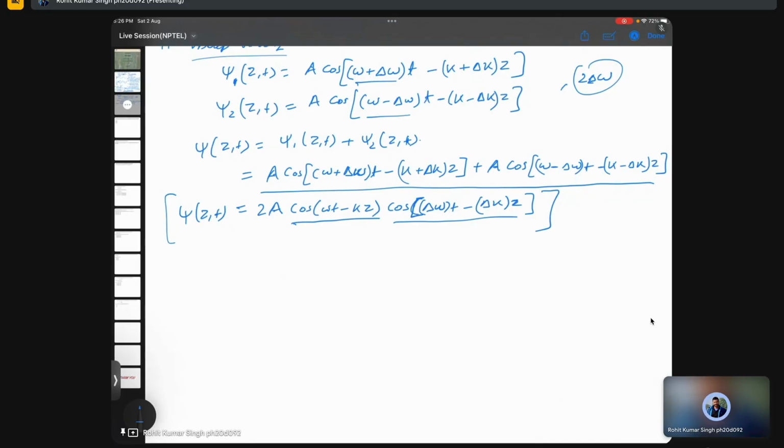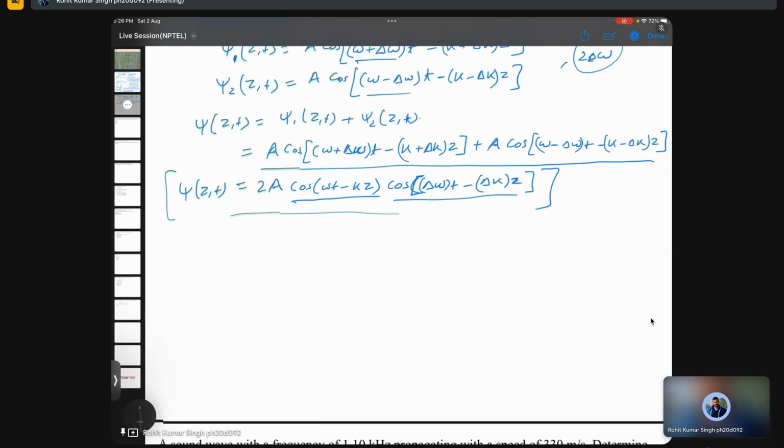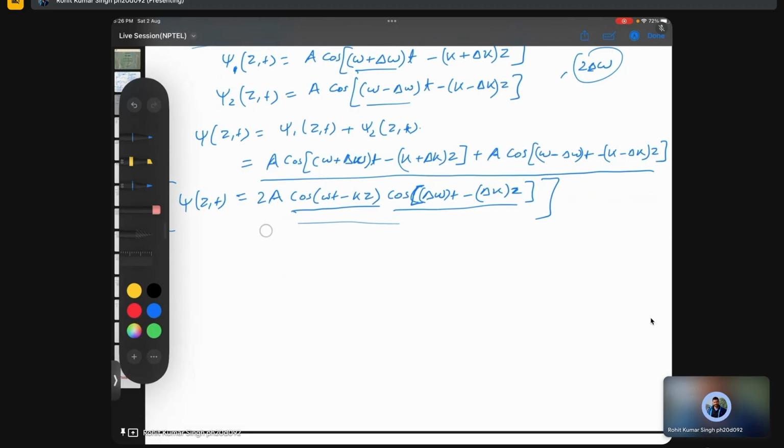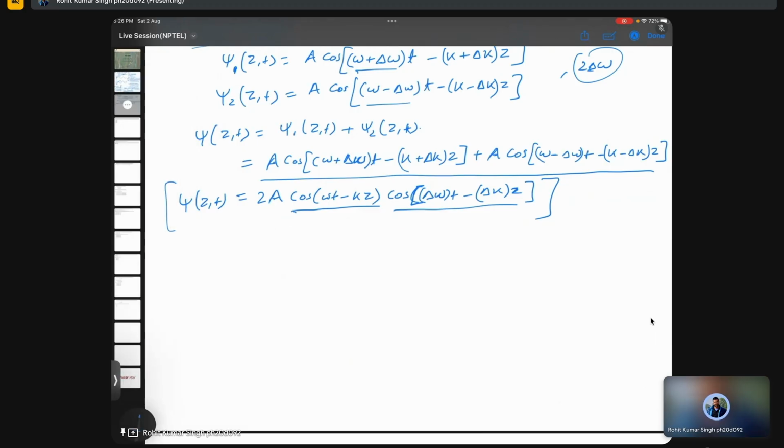So what does that mean? How do you interpret this kind of wave equation? To interpret this, let's first draw them separately. First let's draw the first cos function, and then the second cos function.